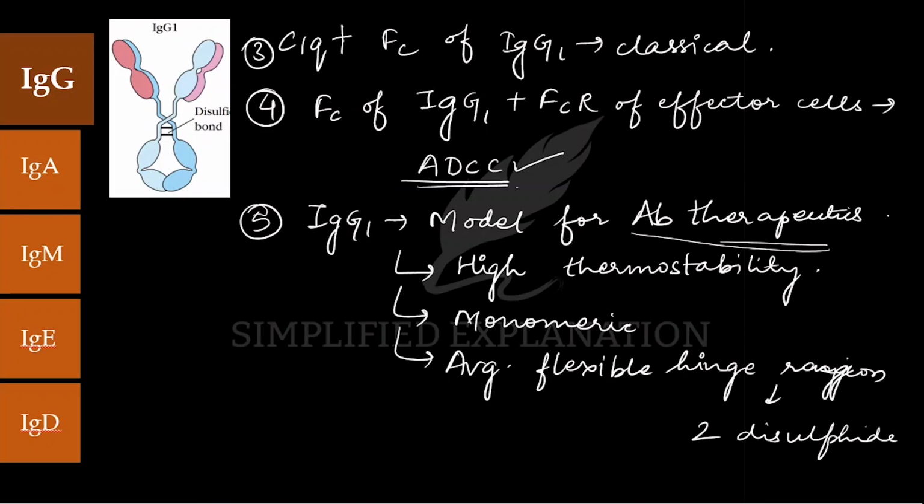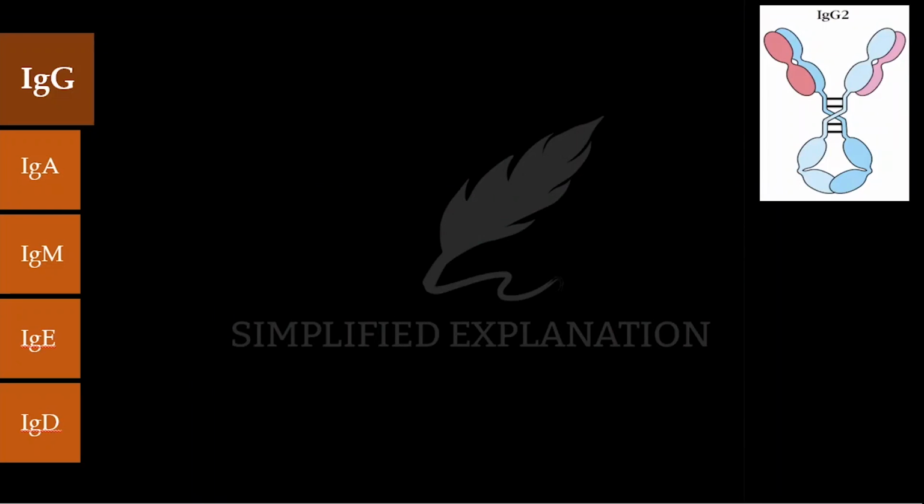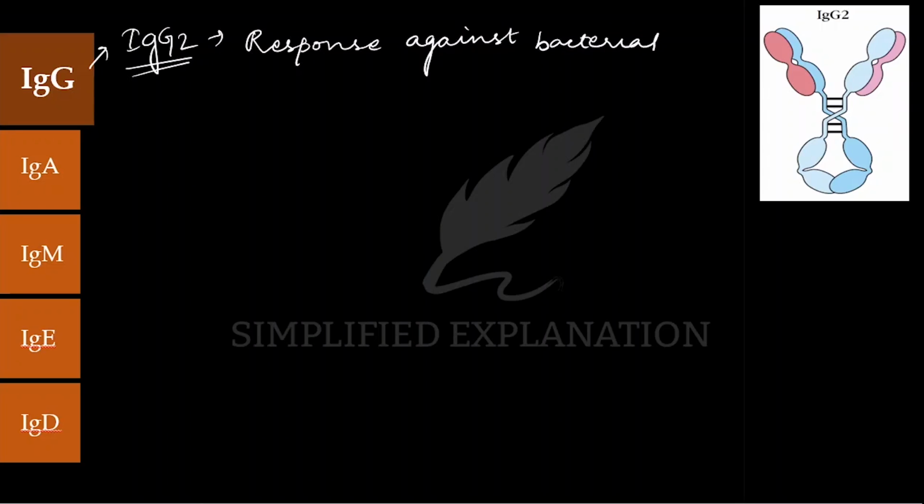Now let us move to the next type of IgG, that is IgG2. IgG2 plays a very important role, or we can say it responds against bacterial capsular polysaccharide.